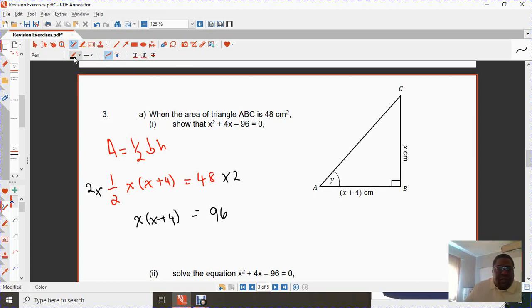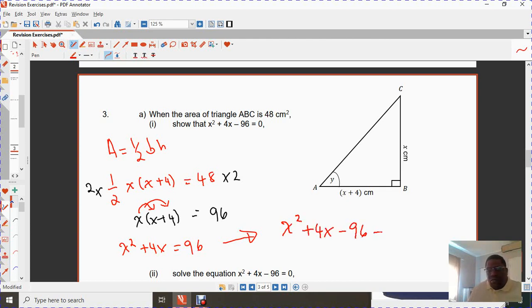And now the only thing left for you to do is to distribute that x over. So you have got x squared plus 4x equals 96. If you write that as a quadratic equation equal to 0, then this is surely what you're going to get. And this is what we were supposed to show.